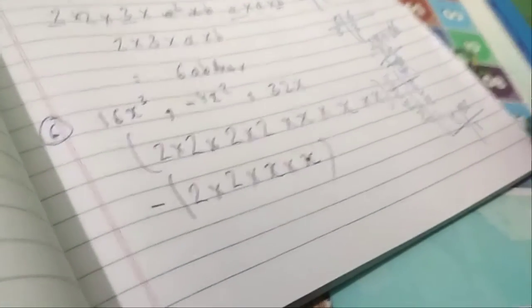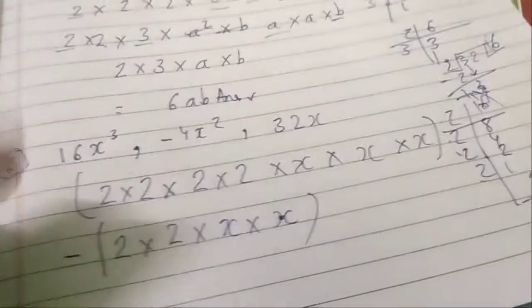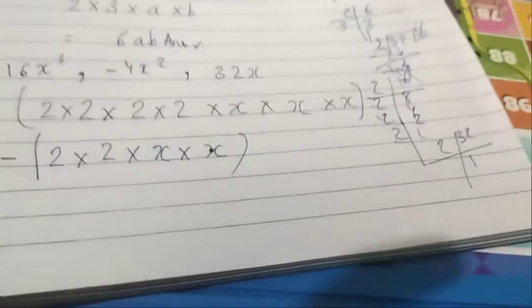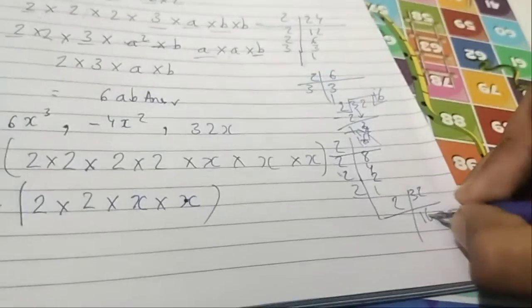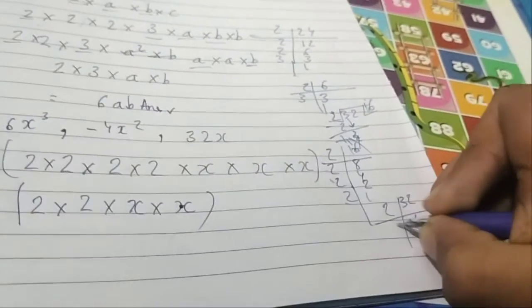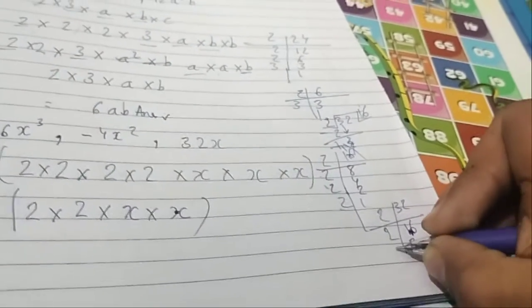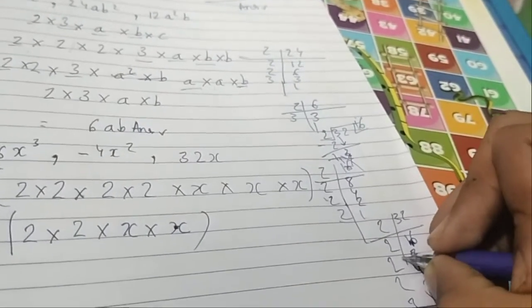Okay, so here 16 comes as the answer. So now we will take 16. See, here we will take 16. So now 2 8s are 16 and 2 4s are 8. 2 2s are 4, 2 1s are 2.